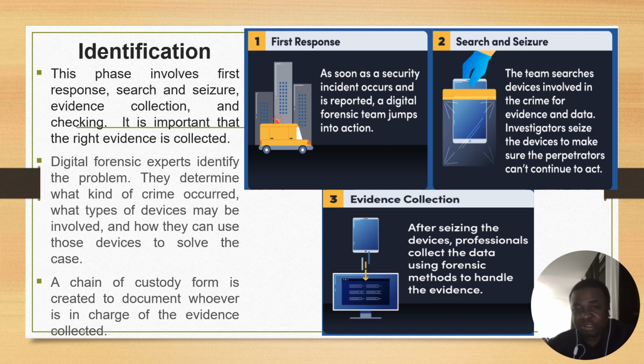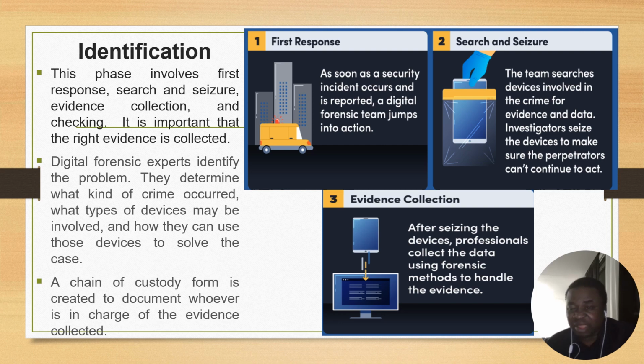Also, from the pictures and from the diagrams on this slide, it can be seen that the first stage is the first response. As soon as a security incident occurs and is reported, a digital forensics team jumps into action. They then search and make seizures of evidence.